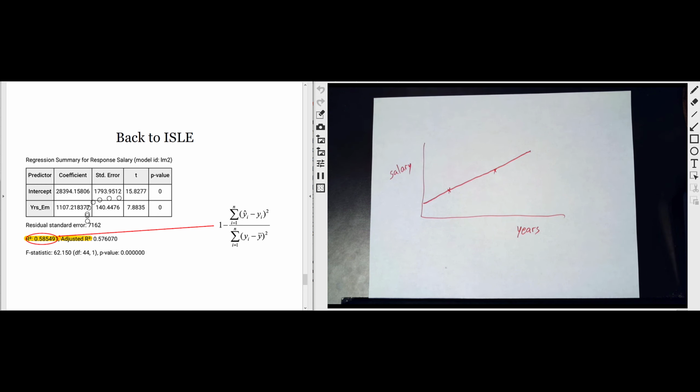But for doing models trying to predict things about individual people, typically these R-squareds are not going to be very close to 1, meaning in this case that years of employment is not the sole determinant of somebody's salary.